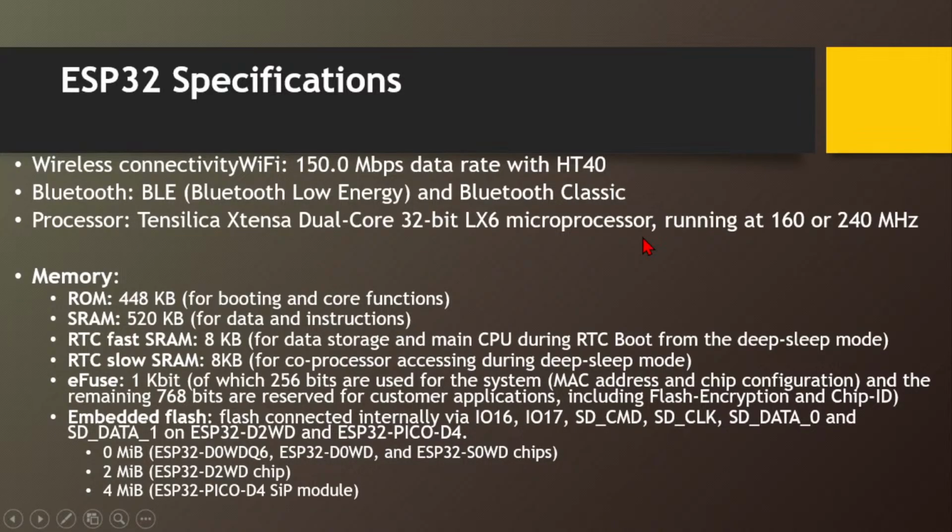Then what other things are available in the ESP32 board? The ROM size is 448 KB, then SRAM is 520 KB, and other things are there. Right now we need not go into detail of that. Whenever it's required, we can go through all these specifications.